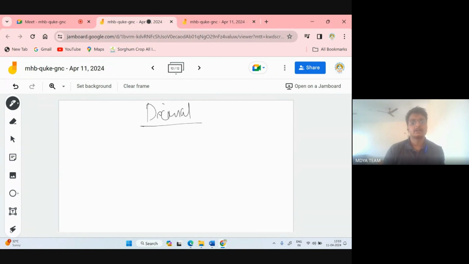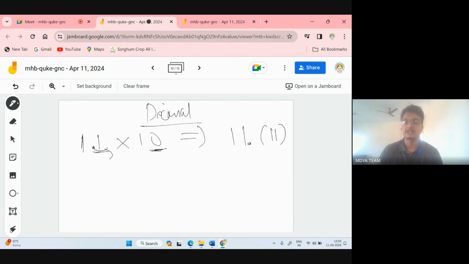If a number is there, 1.1, and we are multiplying it by 10 or any multiple of 10, like 10, 100, 1000, 10,000, then the decimal will move to the right side by the number of zeros in this value. For example, if 10 is there, it will move one place to the right. It will be 11 point, so you can write it as just 11.